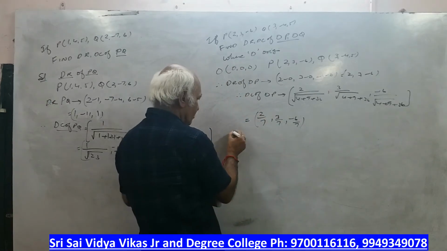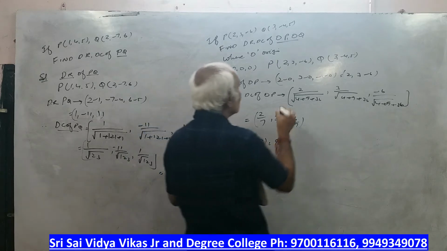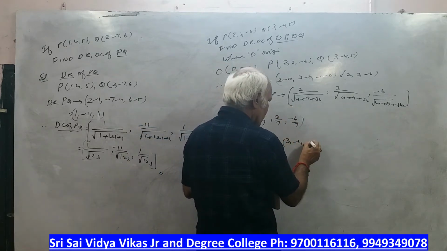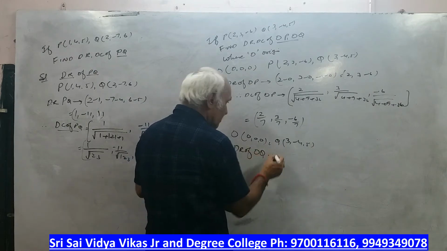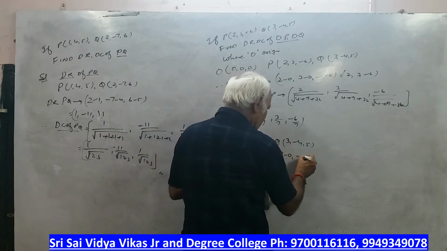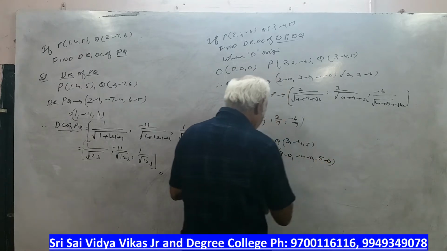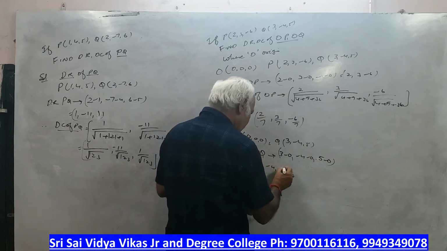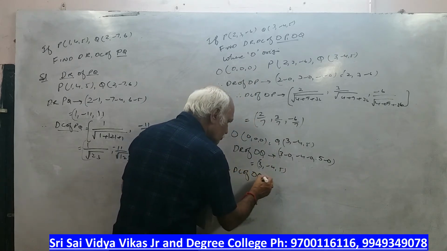Next, O is what, sir? 0 comma 0 comma 0. Q is what, sir? 3 comma minus 4 comma 5. So DRs of OQ is equal to 3 minus 0, minus 4 minus 0, 5 minus 0, which will give you 3, minus 4, 5. Therefore, DCs of OQ.